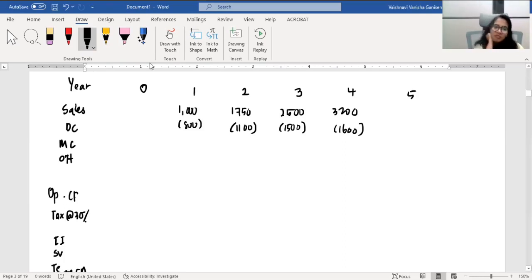Okay, so marketing cost is relevant. Why is marketing cost relevant? Because this is an incremental cost that the company incurs just for the purpose of this particular project. So this amount is relevant.